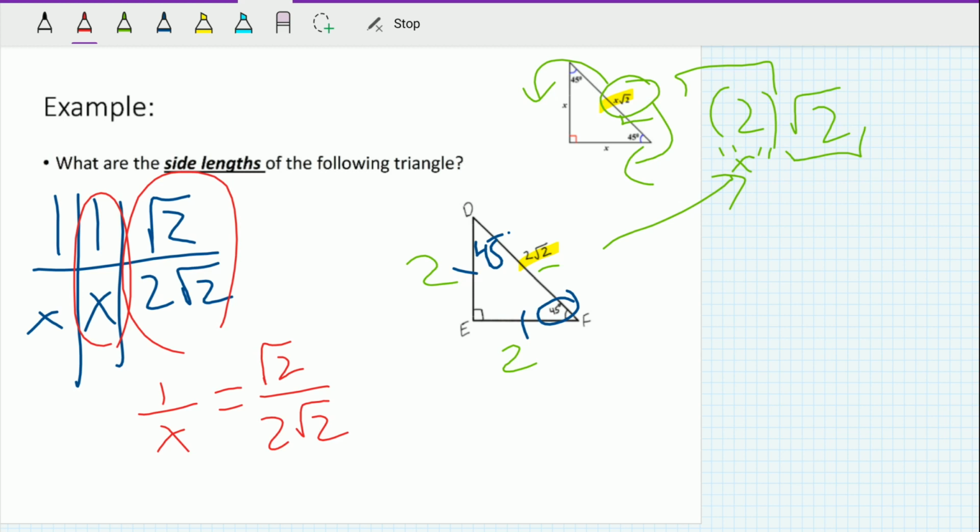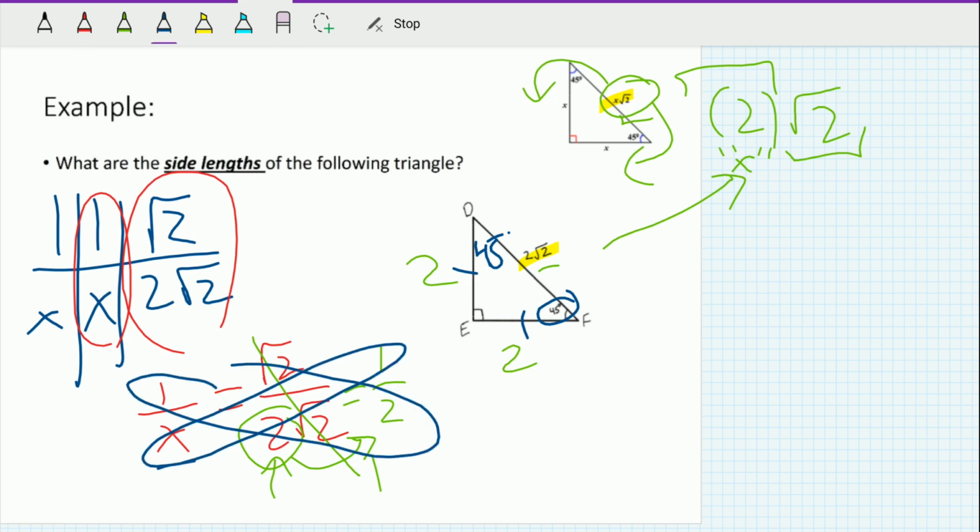Some of you will probably want to do this and say that's equal to 1, and it's true, but notice where the 2 is. It's technically going to become 1 over 2. This 2 is in the denominator, so it needs to stay in the denominator. So you could do that there. And then when you cross multiply, it'll be with the 1 instead of the 2, because you already simplified. So it'll be x times 1, which is x, and then 1 times 2, which is 2.